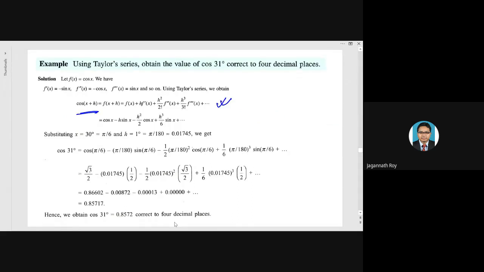Nothing difficult. Here 1 degree is π/180 radians, so that's a crucial step. And x equals 30 degrees, you take it and then write the Taylor series formula. Because you have to make it up to 4 decimal places, the final answer will be a 4-digit number. We will approximate it, so 0.8572 you can write. That's how you calculate per example.